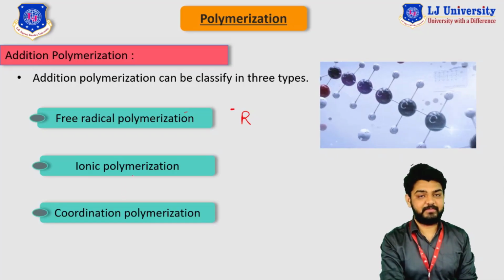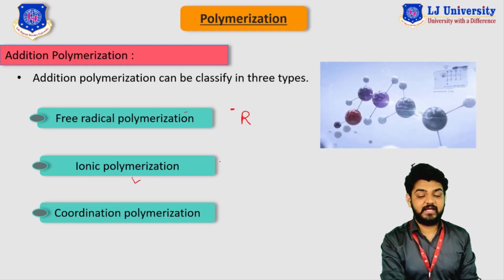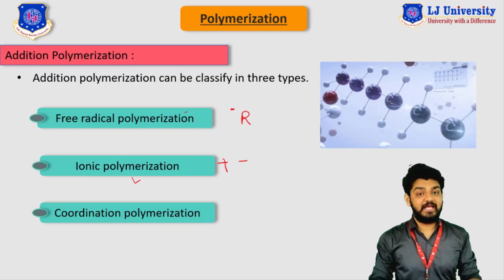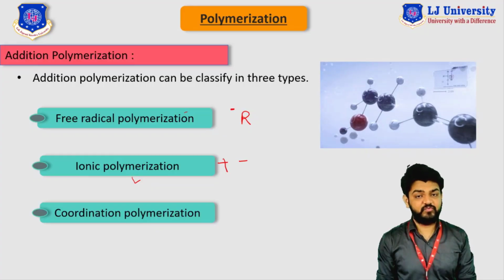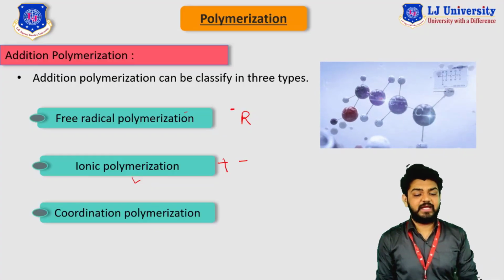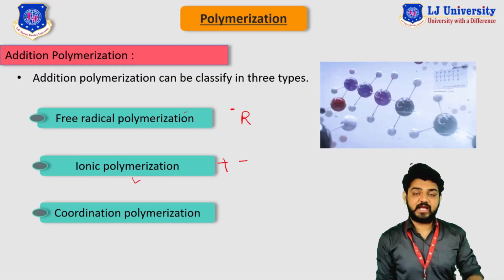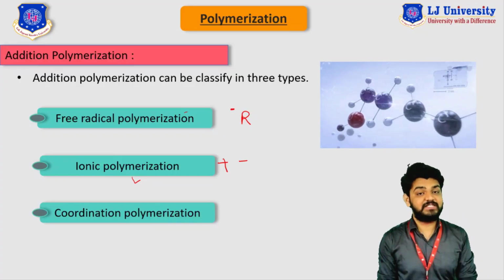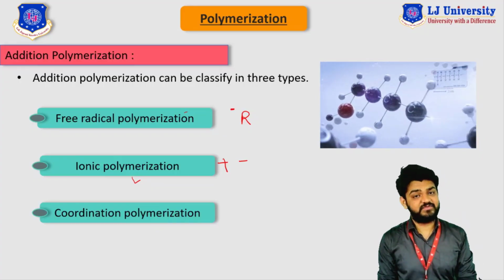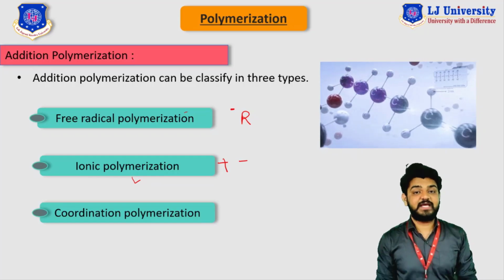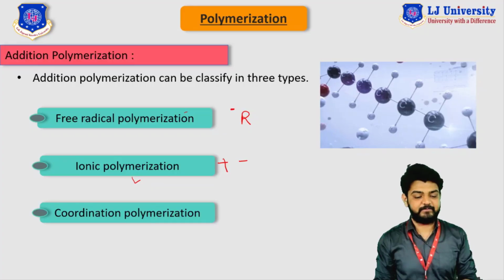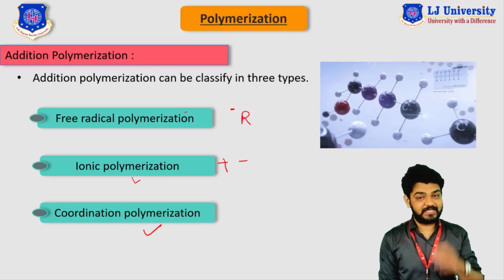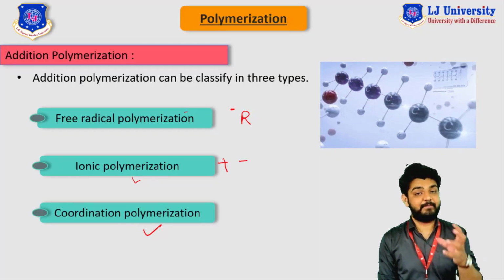Then we have ionic polymerization, in which ions, either cations or anions, are produced and they are responsible for the linkage of other monomers in order to form a long chain of polymer. In free radical polymerization, we generate free radicals, which are nothing but compounds which have a free electron at their outer periphery. Lastly, we have coordination polymerization, in which we use a special type of catalyst that involves organic metals.